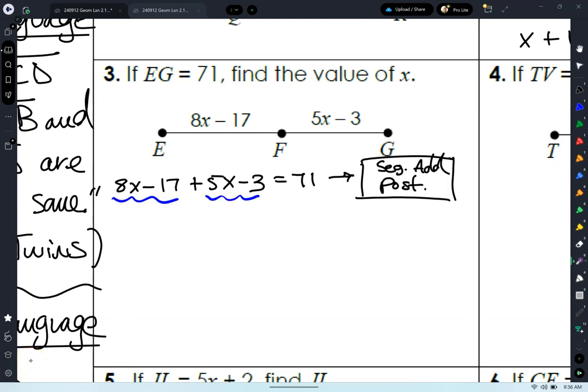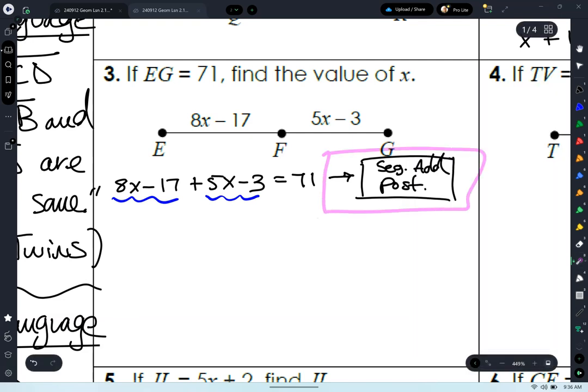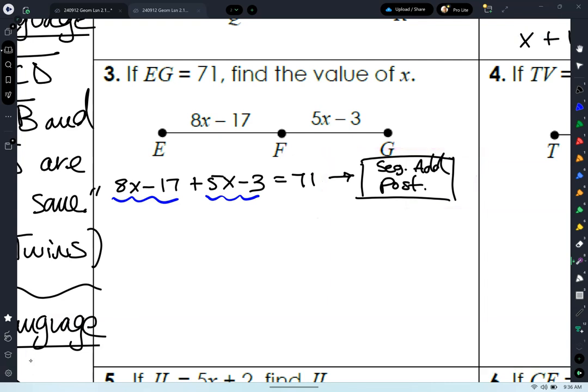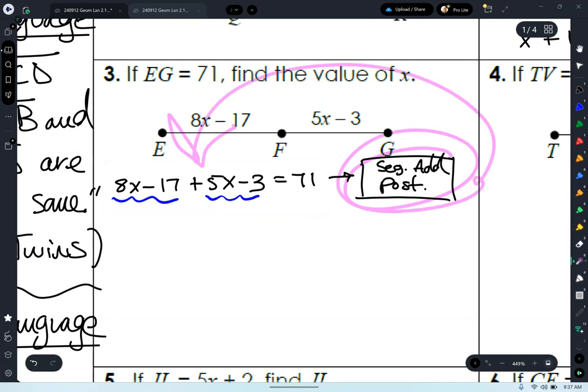This right here. Now, I didn't tell you to write this part just yet, but now you need to start writing this part. Because on your assessment, you're going to have to identify for me what tool you used to set up your problem accordingly. And this must match this.